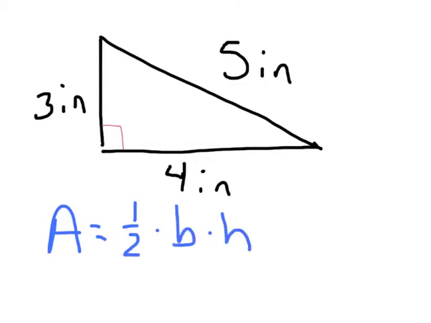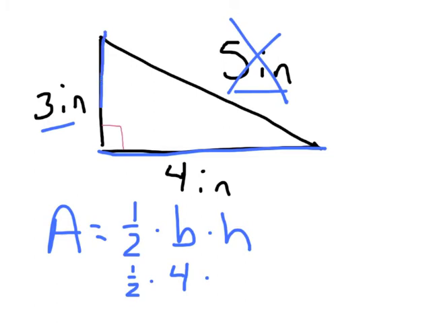The base is that bottom. Alright, so to find this area, we got 1/2 times the base, which is 4, times the height. Now we got two numbers to pick from. We've got the 3 and the 5. Well, when we measure someone's height, we measure straight up and down. So we're not going to use the 5.